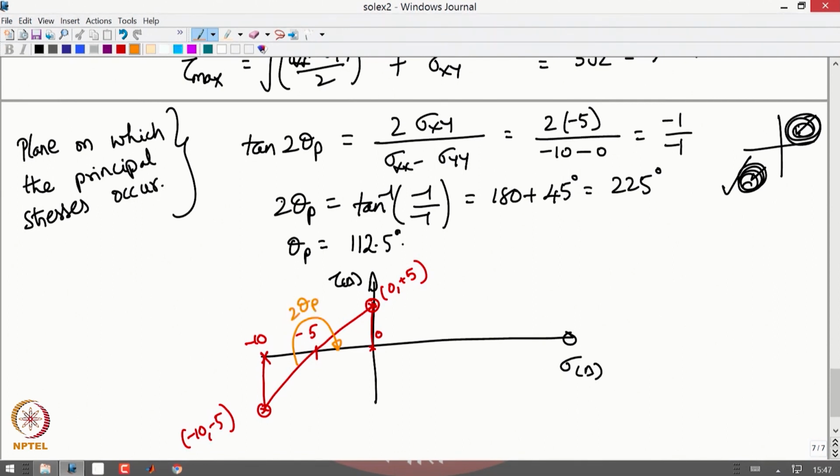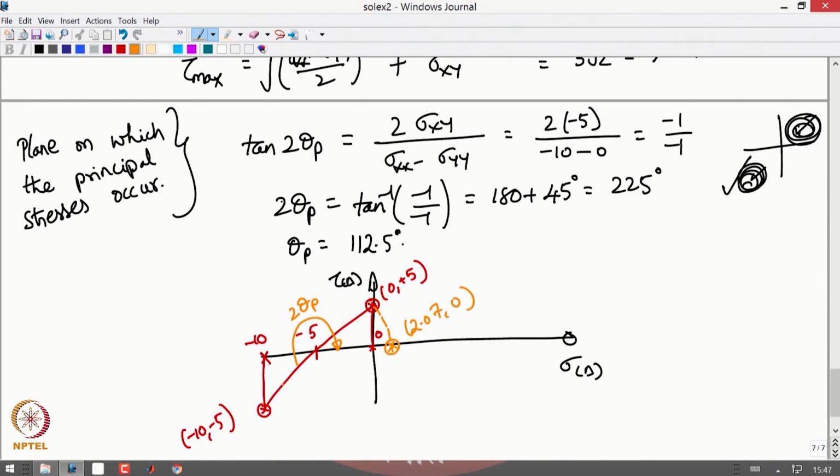Okay. So, it is in that plane where the maximum normal stress occurs, which is this point, which we found as 2.07 comma 0. Okay. The minimum will occur at 22.5 degrees, which is theta p minus 90, okay, or at 45 degrees in the Mohr's circle. Okay.